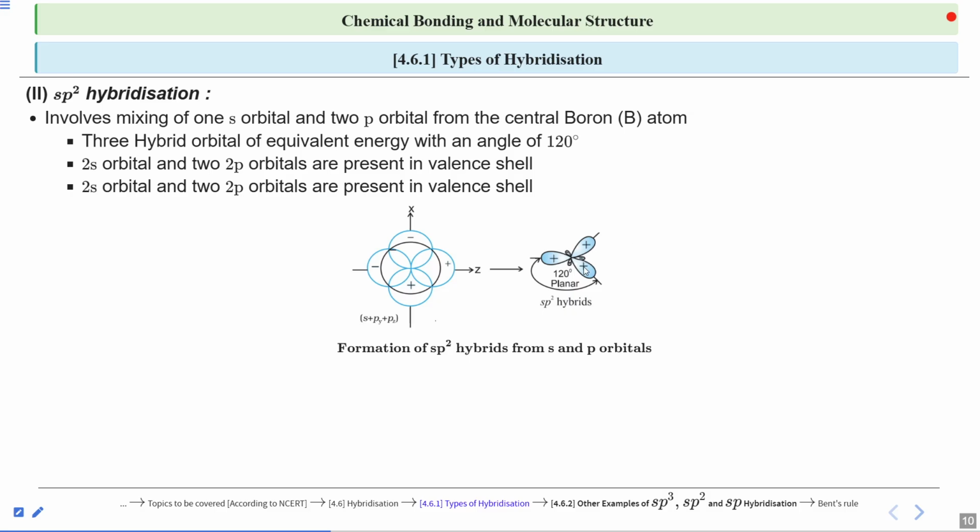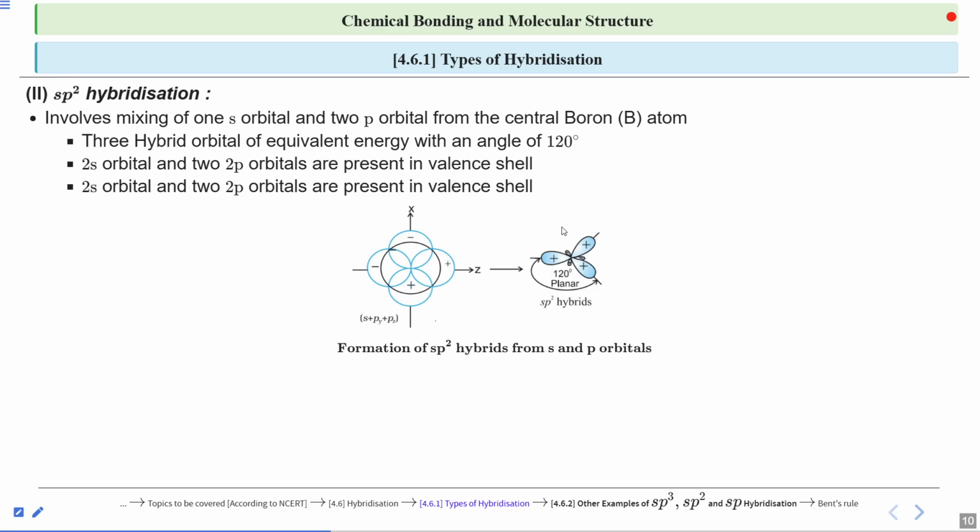You can notice them. There is a positive lobe here and on the opposite side a small negative. Similarly, here is a positive, small negative, positive and small negative. These three hybrid orbitals make an angle of 120 degrees, and this hybridization is called sp2 hybridization. I hope this is clear to you.